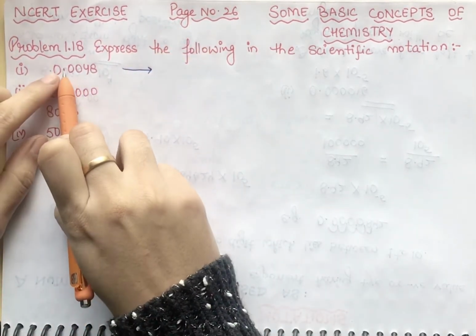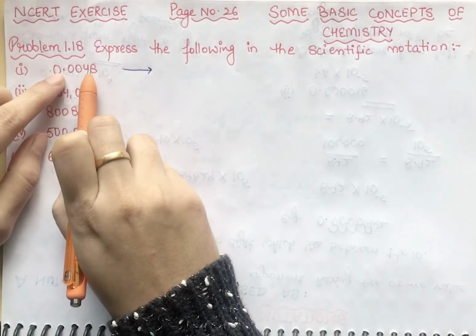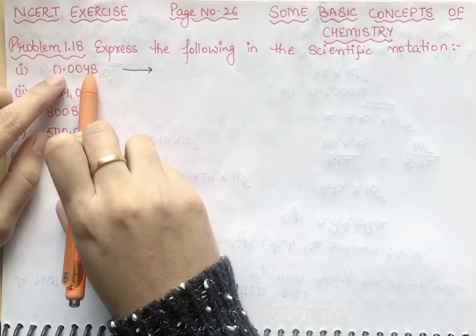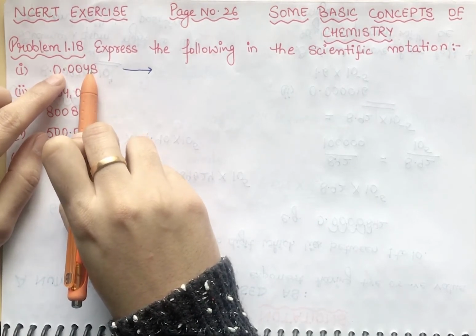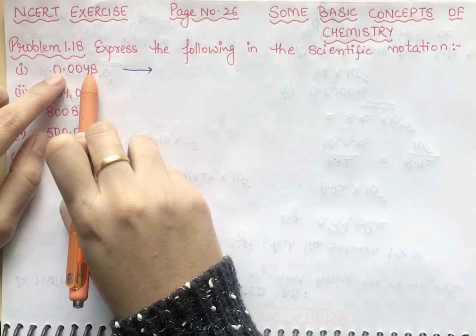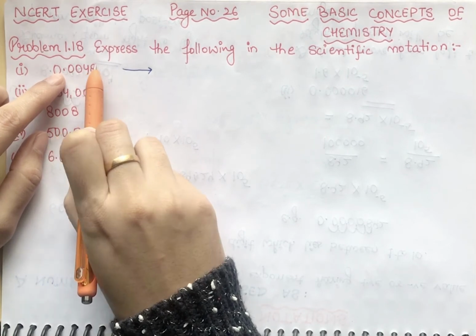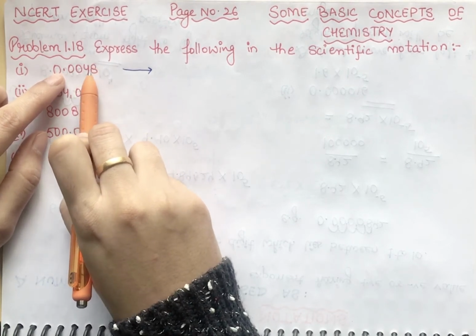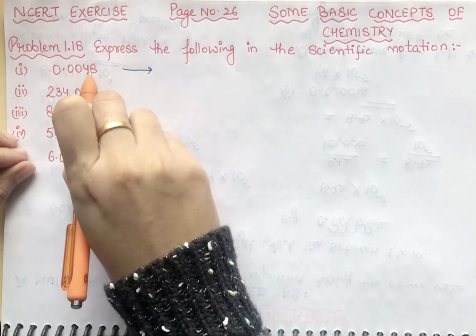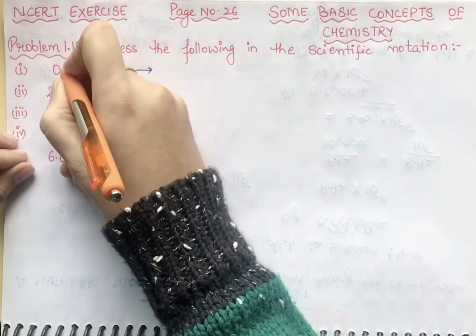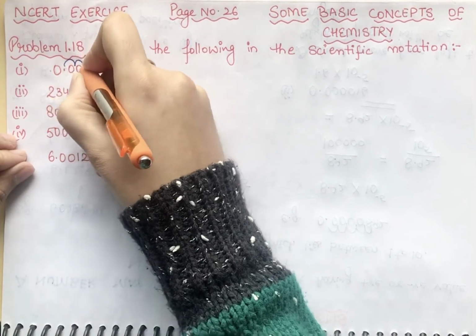Now I have the decimal here and I want to shift this decimal to this place, because I know that in scientific notation there should be one non-zero digit. So I'll shift this decimal to this place. Let's see, 1 2 and 3.